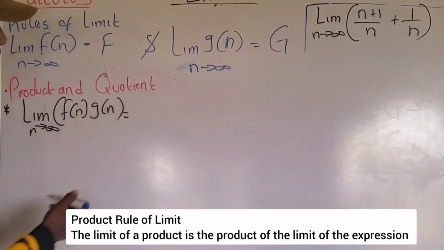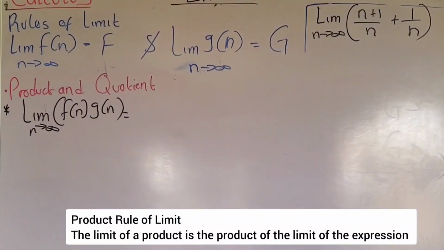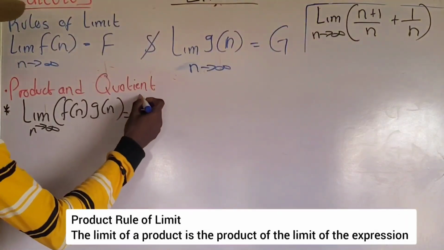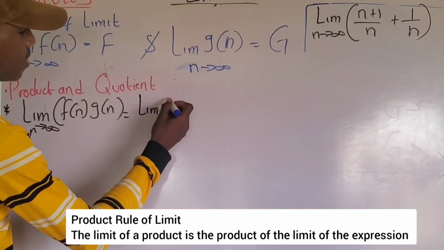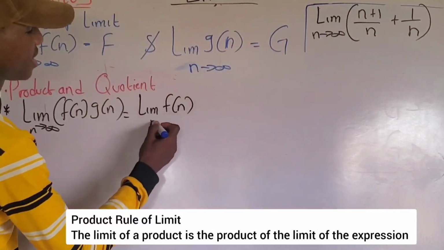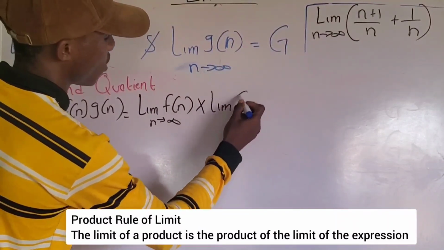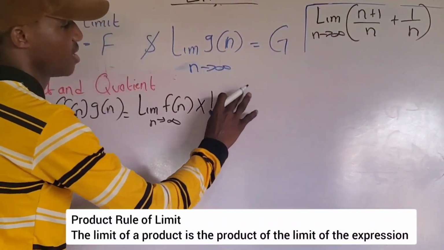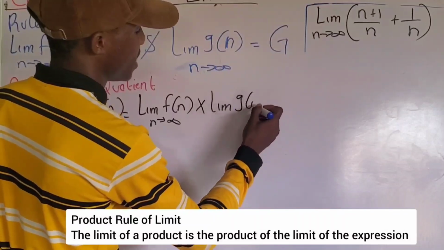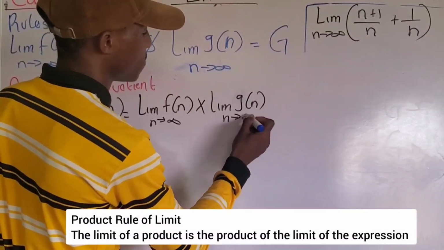Now according to this rule, the limit of a product is the product of the limits. That means we're going to have the limit of f of n as n tends to infinity multiplied by the limit of g of n as n tends to infinity.